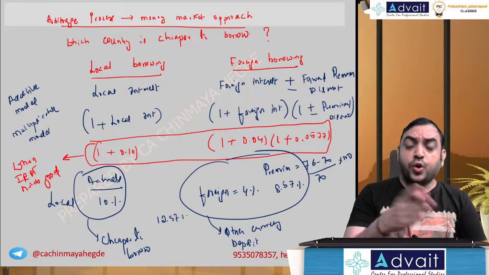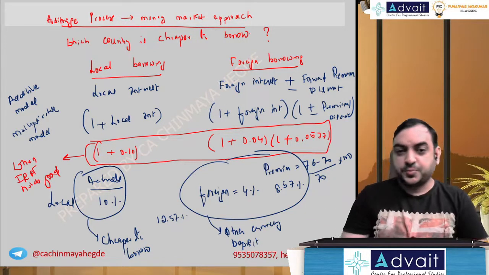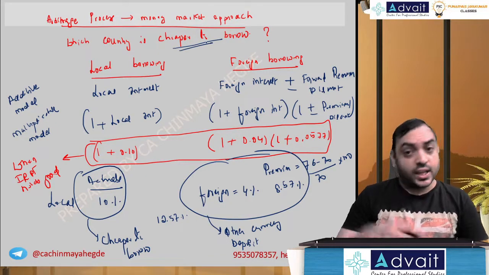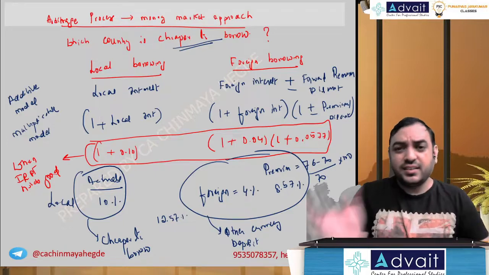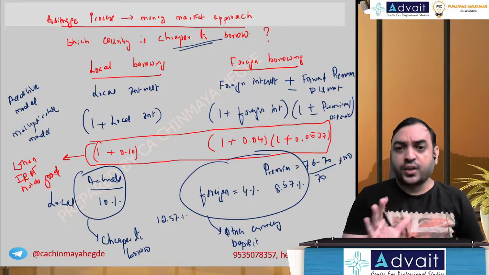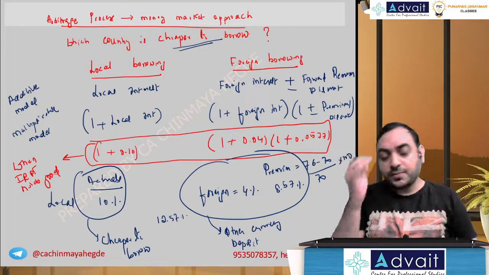Of course, if the local currency had a higher rate, then I would have borrowed in foreign currency. This I explained to you by identifying which country is cheaper to borrow. I can also identify which country is costlier to deposit. But let's not think too many ways. Let's understand through borrowing, because even in exams, most of the questions will be focusing on borrowing.